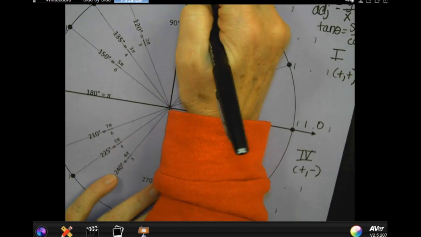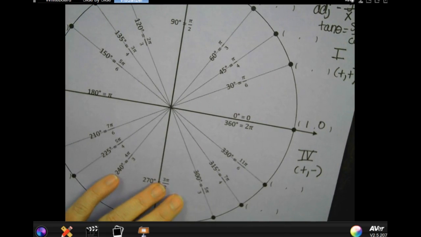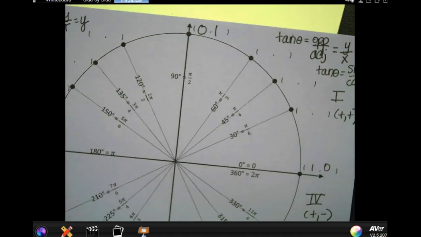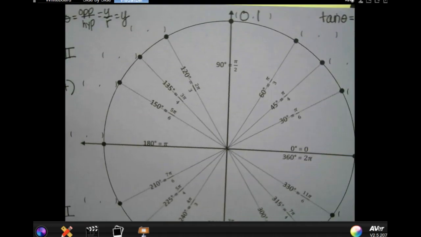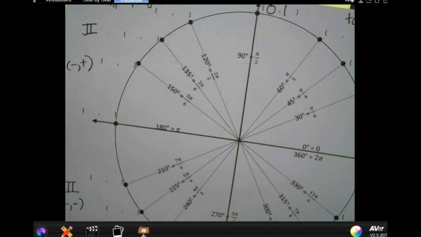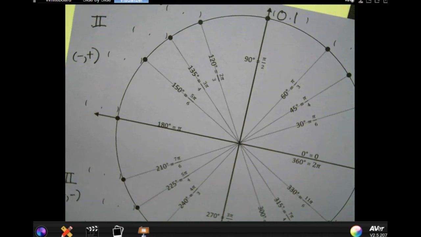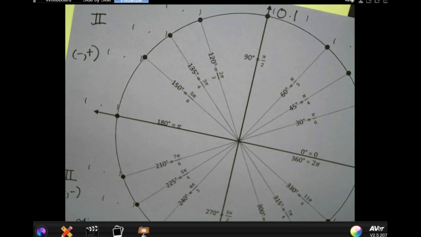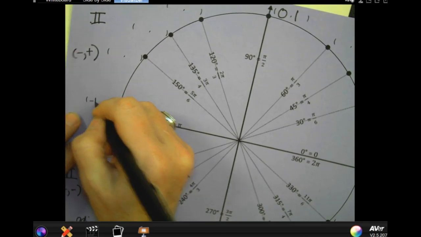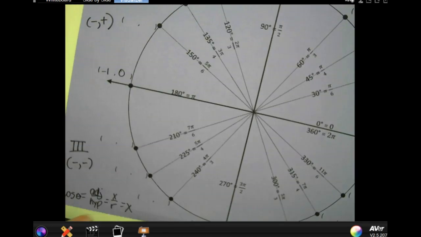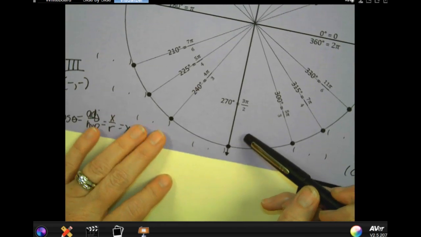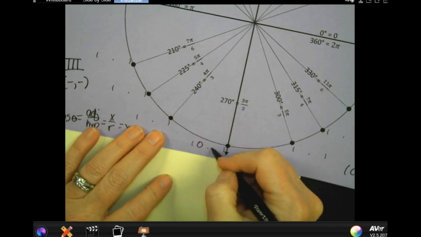No x, but a 1 for the y. And at the 180, what's true? Do I have any y's? No. But what's true about the x this time? So it's negative 1 and 0. And at the 270, what's true? 0 and negative 1.